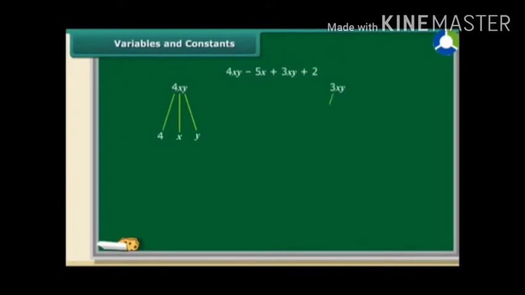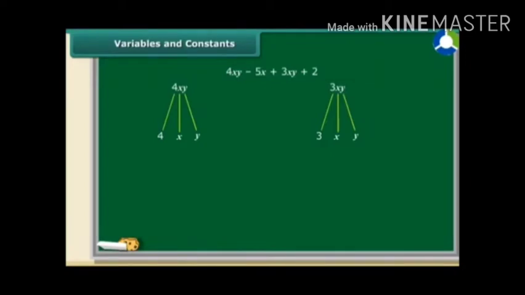Listen children, xy, in 3xy also we have the xy. So variables are same, and when variables are same we call them like terms. Have you clear children what is like terms?